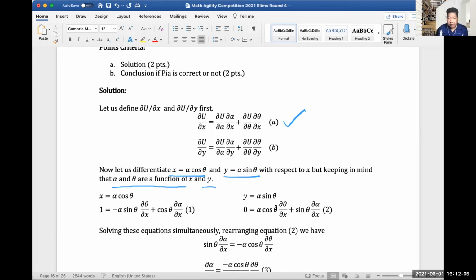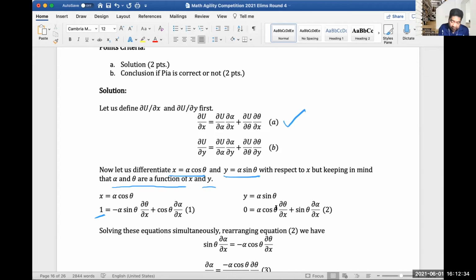So let's first use the product rule, right? So partial derivative of x is 1. So let's try to get the derivative of cosine theta. So we'll just copy alpha and cosine theta derivative is negative sine theta. That's why you have a negative here with respect to partial derivative of theta over partial of x, right?